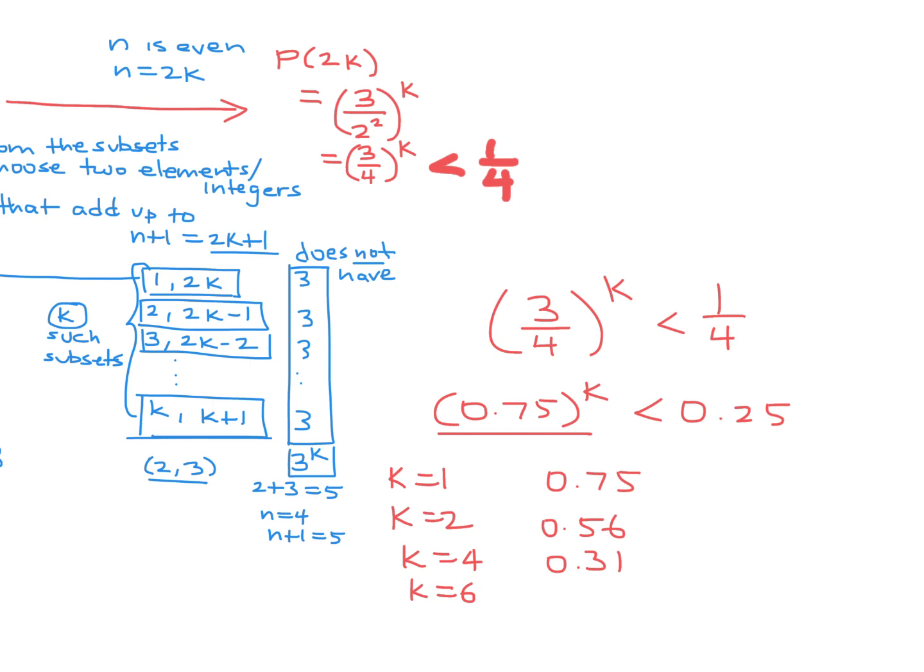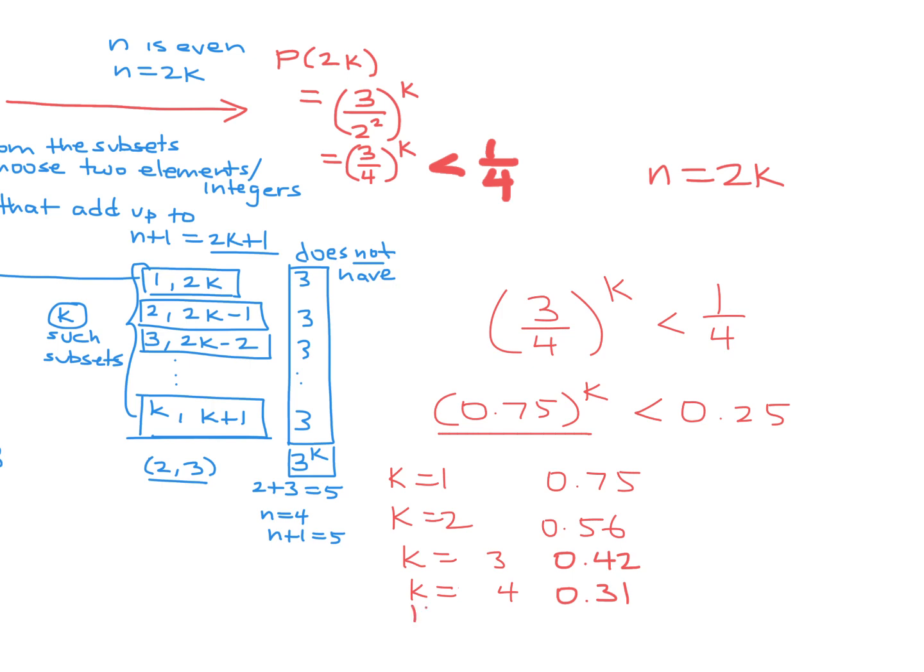Oh, wait, hold on. I'm confusing k with n. Sorry, this should have been 3, and this should have been 4, because n is 2k. I forgot about that. N is 2k. Okay, so that is 0.31. When k is 4, then n is 8. So that's 0.42. When k is 4, it's 0.31.